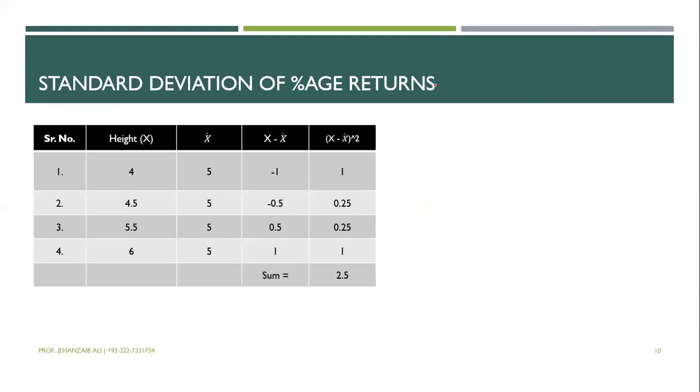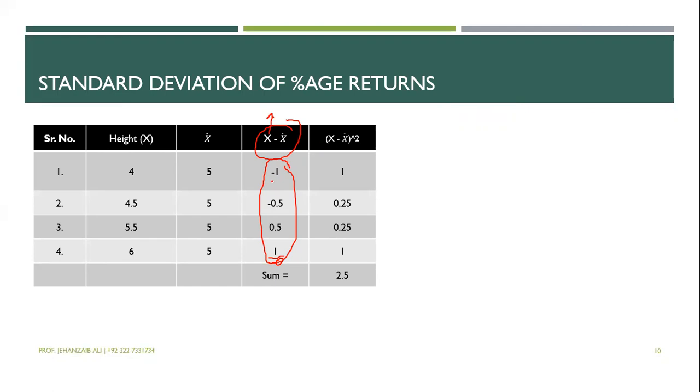If you sum up these values, this will give you no answer, because negative 1, negative 0.5, positive 0.5, and positive 1 will give you the answer 0. So this column will not tell you anything in terms of what is the standard deviation.